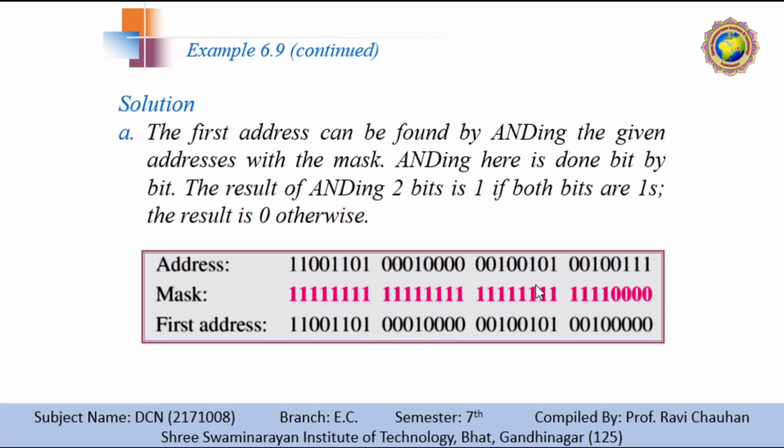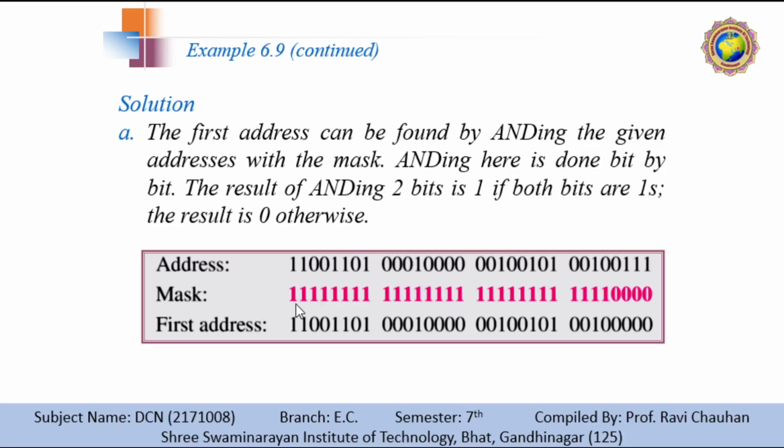The first address can be found by ANDing the given address with the mask. ANDing here is done bit by bit. The result of ANDing 2 bits is 1 if both are 1. The result will be 0 otherwise. So it is our address of our previous example.